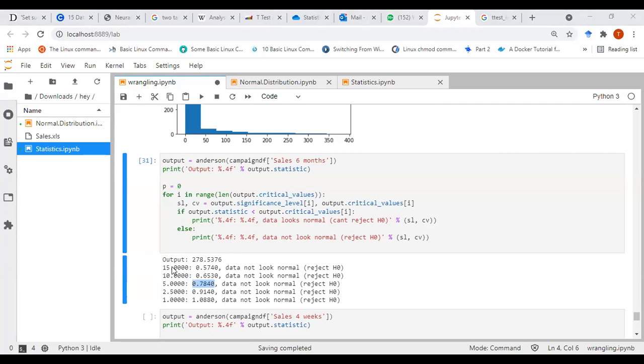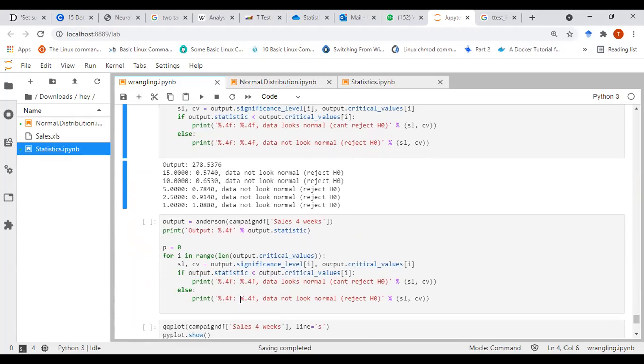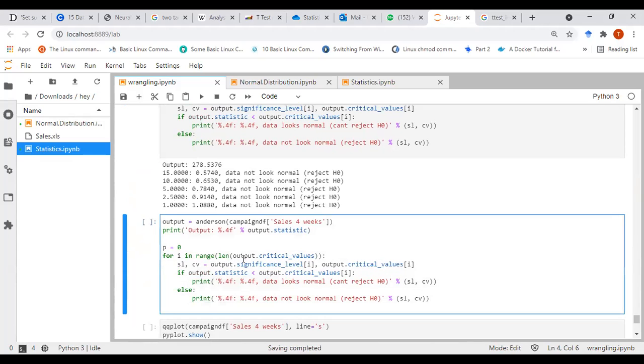The Anderson test actually records at different significance levels: 15%, 10%, 5%, 2.5%, 1%. And in each case, it's less than the critical value. So it says the data does not look normal, and I agree with this because this is not a normal distribution, primarily because of these zero values. So we have to do something about that if we want to use this data, especially in machine learning.